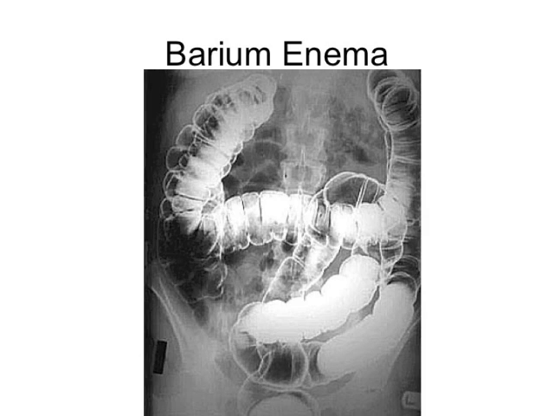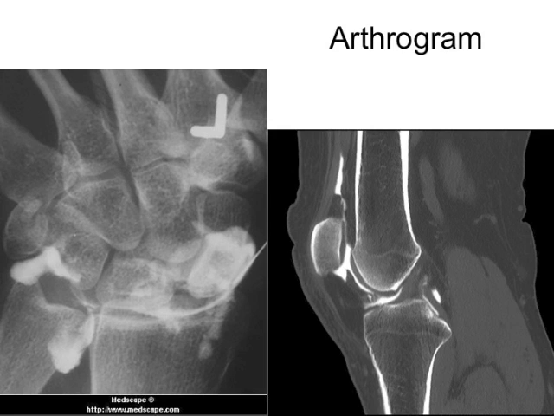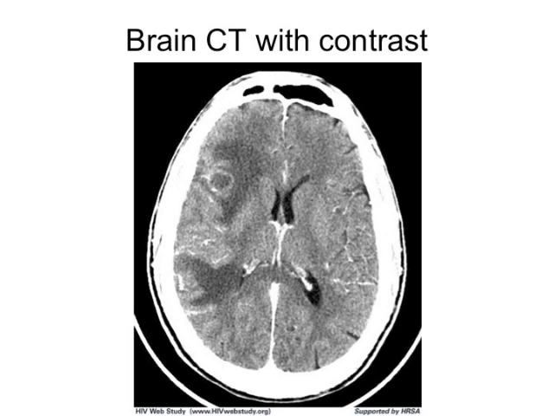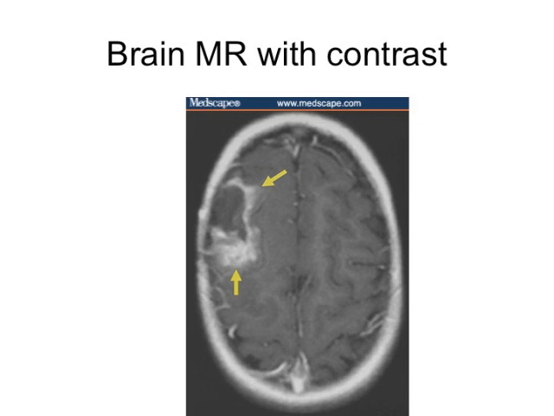Unlike this exam, a barium enema, what you're seeing is the actual contrast that we put into the patient's body. Here, arthrograms, we injected a contrast into the joint. What you're capturing on that image is the actual liquid you injected. On the CT of the brain, you injected IV contrast. It goes to the vascular system, it enhances in the brain, and yes, I am capturing the actual liquid that was in their arteries.